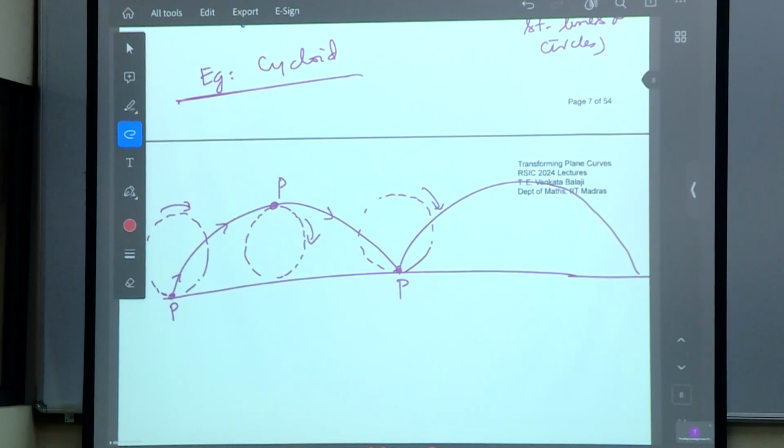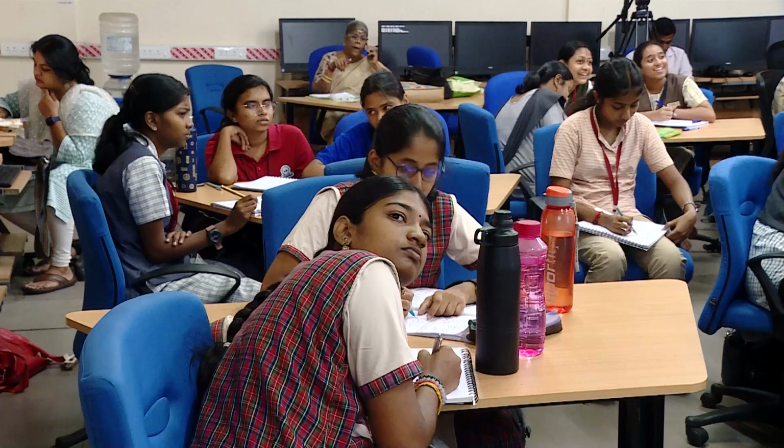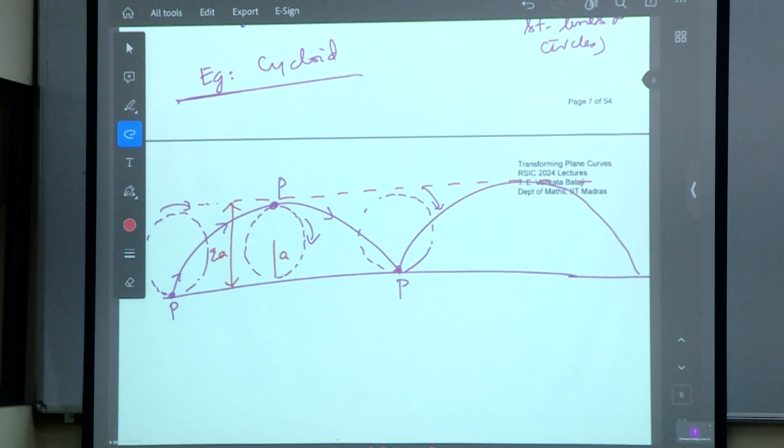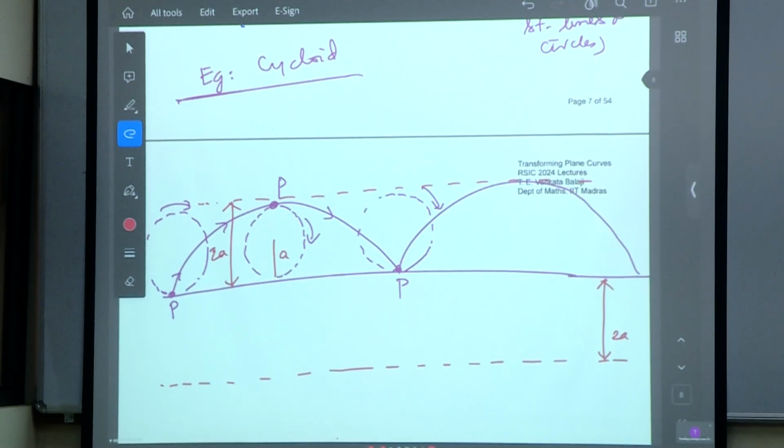The evolute will look like this. You take the same distance. Suppose the circle radius is A, then this length is 2A. Again I take the same distance 2A here, and the evolute will be like this.